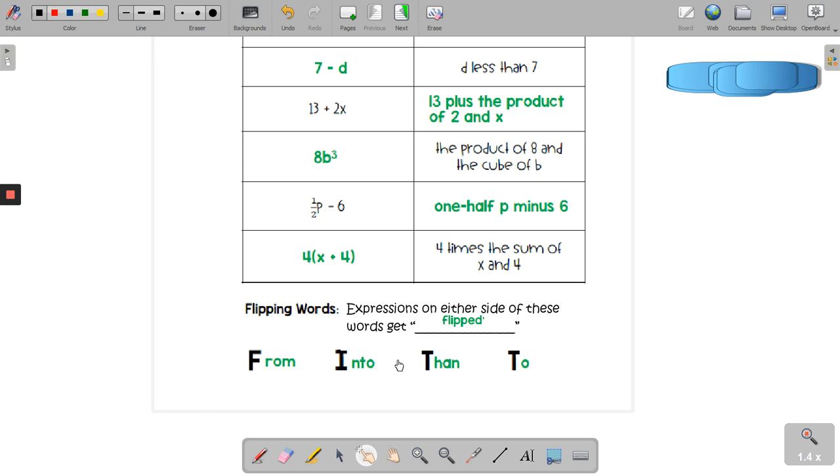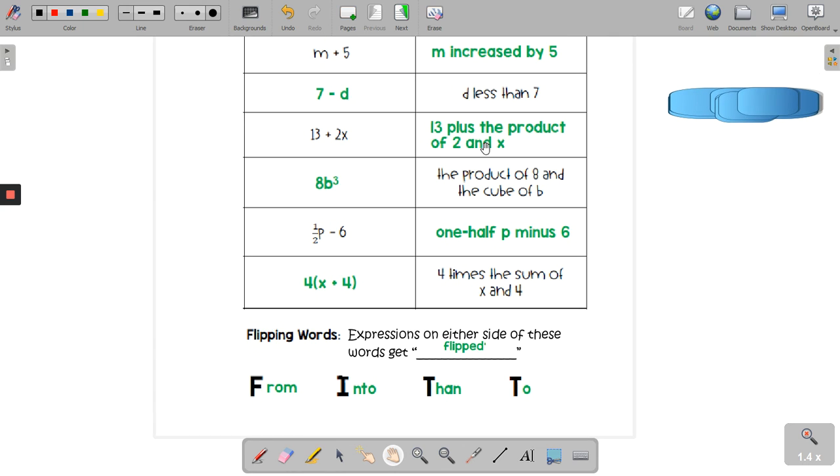These four words, when you see them, the numbers on either side of them are going to be flipped. So just like up here, when we have d less than 7, the less than, so the than from down here, those two numbers and variables get flipped. So it's 7 minus d.